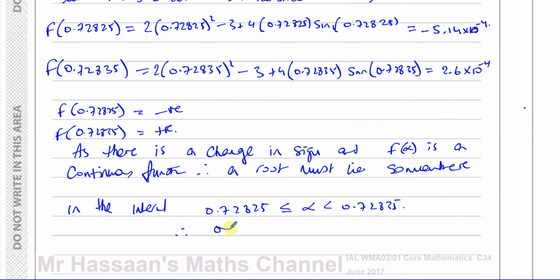Therefore, we can say 0.7283 is a root to 4 decimal places.